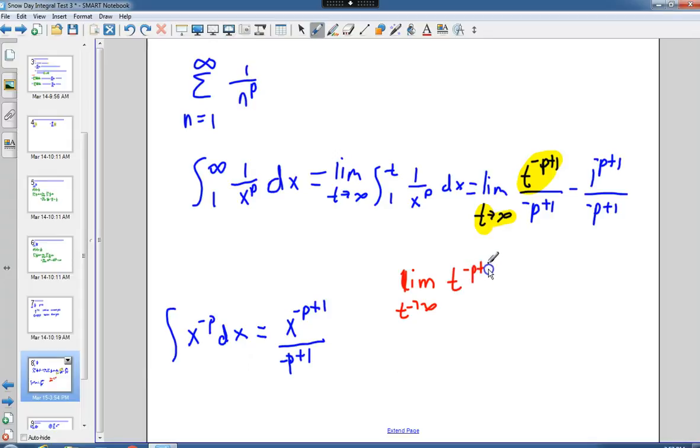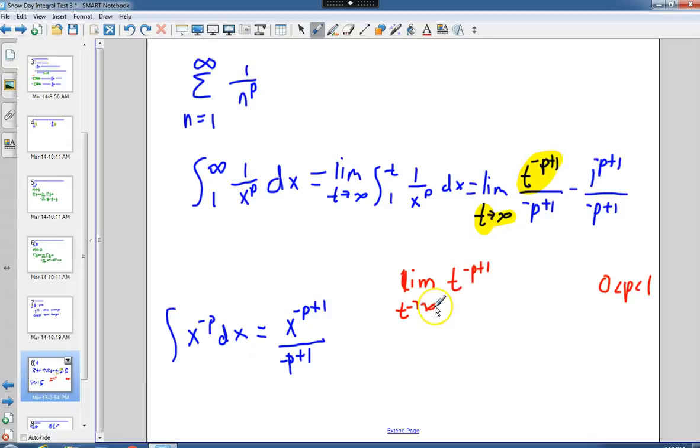So we can consider what the limit as t approaches infinity of t to the negative p plus 1 is going to do. Technically, we already know the dividing line for when a p-series converges or diverges. If p is a number less than 1, then this entire exponent is going to be positive.